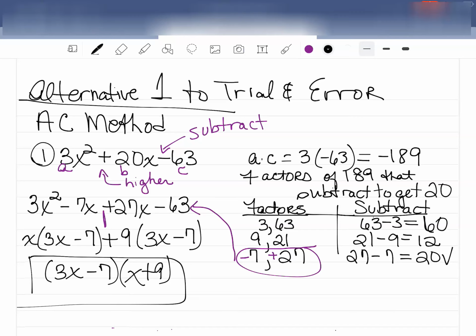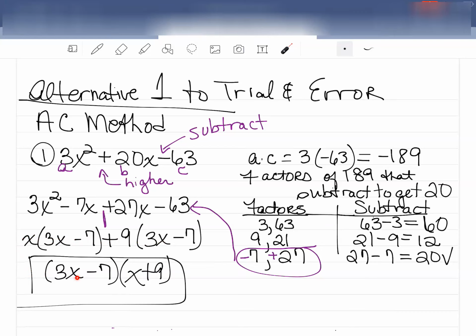A lot of times when you see the factor by grouping part, especially when they're doing the AC method, they're going to write that x plus 9 up front and the 3x minus 7 in the back, because writing the x plus 9 up front is the one that will match directly up to the steps that we took to multiply.